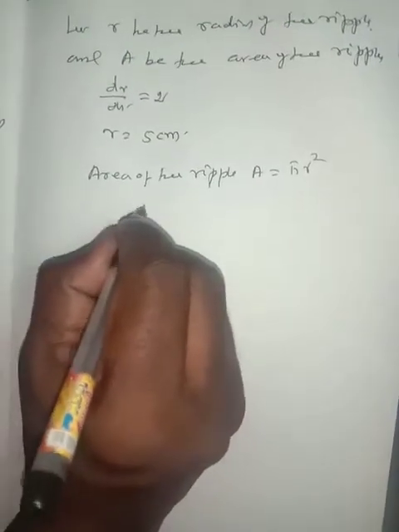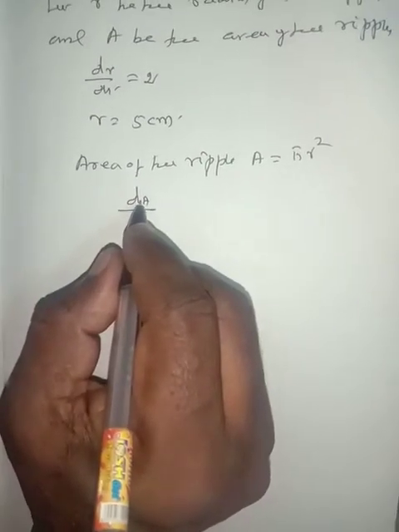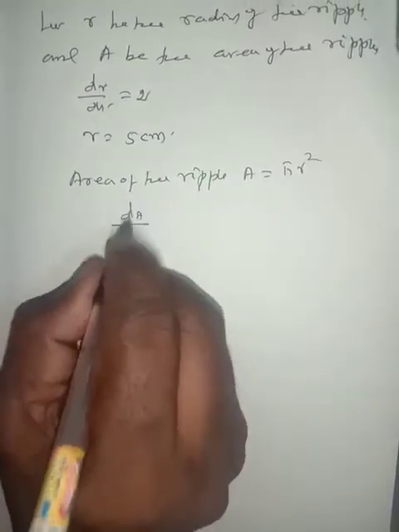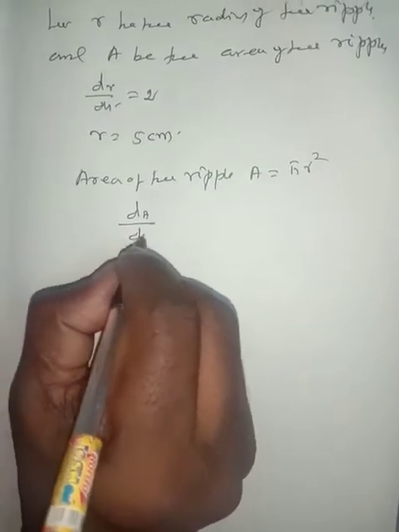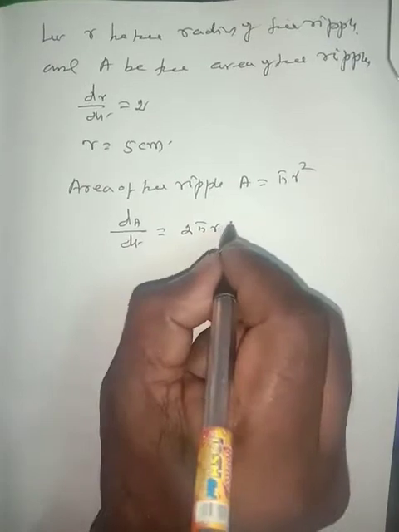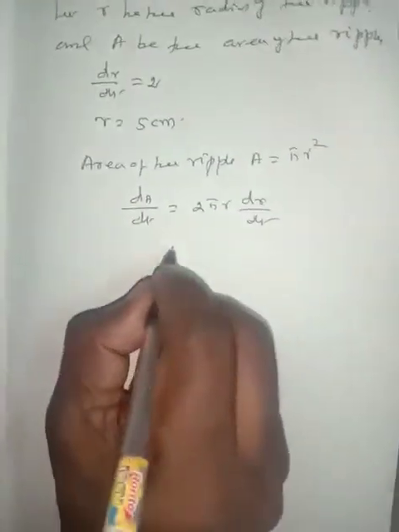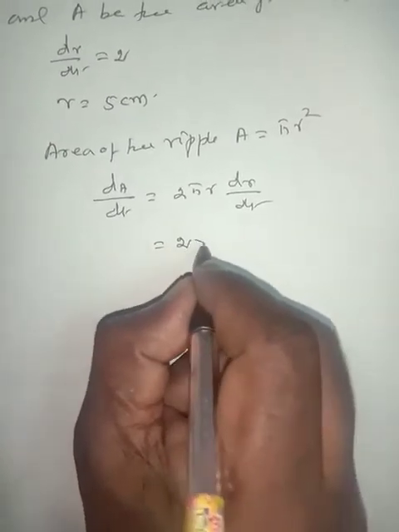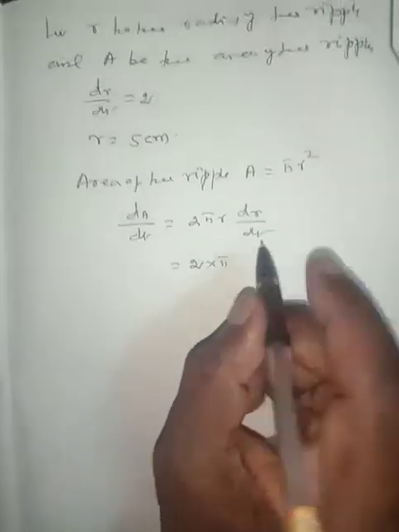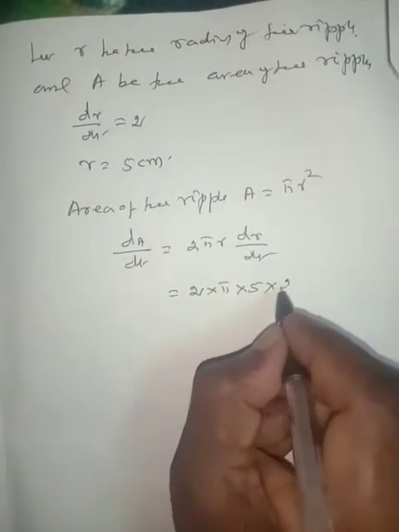Now dA by dt with respect to time t. dA by dt is equal to 2 pi r into dr by dt, which is equal to 2 into pi into radius 5, and dr by dt is given as 2.